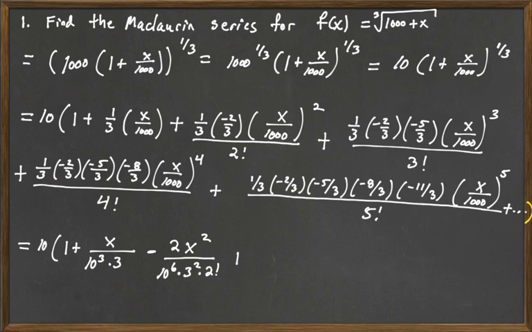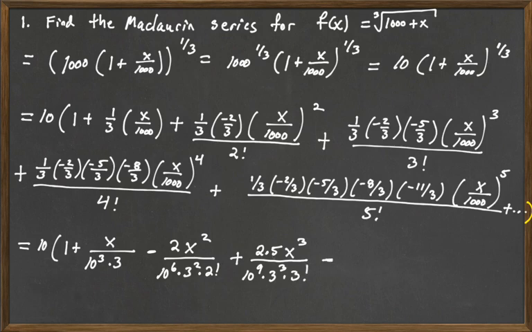Okay, now the next one, 1 times 2 times 5, and that's a 1 times a negative 2 times a negative 5, so it's going to ultimately be positive. So 2 times 5, x cubed, and then we have 1,000 cubed, so that's going to be 10 to the 9th. And we have 3 times 3 times 3, which is 3 cubed, and then 3 factorial.